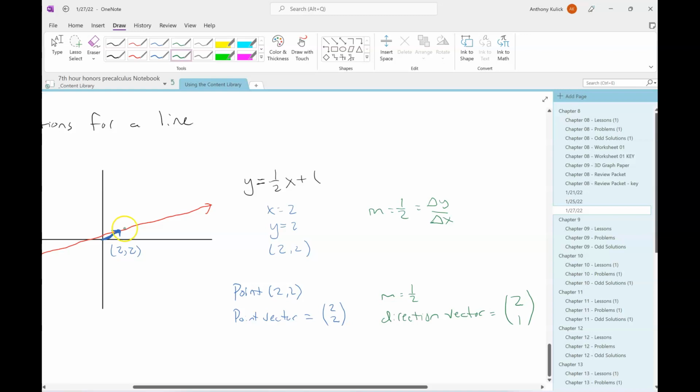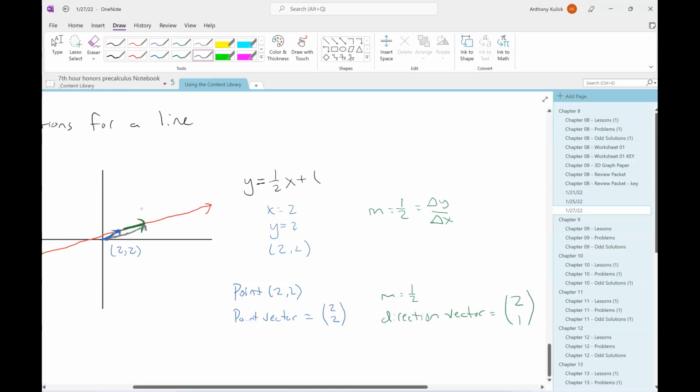So what we're going to be doing is, if I take some point vector and I add to that my direction vector, the resultant vector will be some new point vector, right?